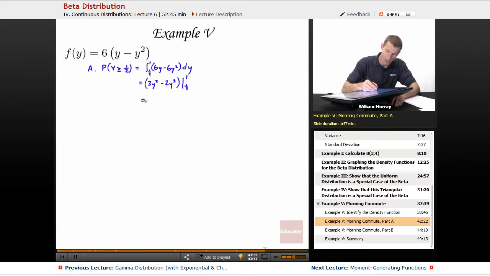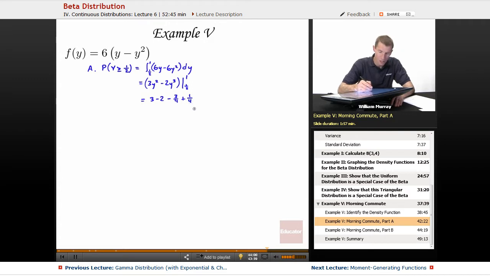So that's 3 minus 2 minus 3 times 1/2 squared, which is 3/4. And now plus 2 times 1/2 cubed. 1/2 cubed is 1/8. 2 times 1/8 is 1/4. So we get 1/4 there.